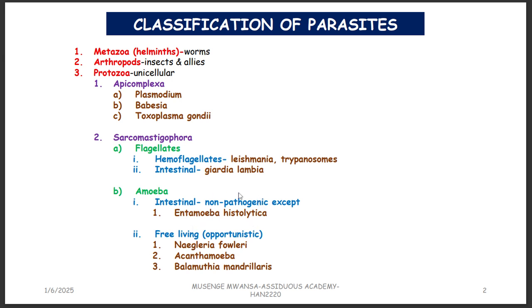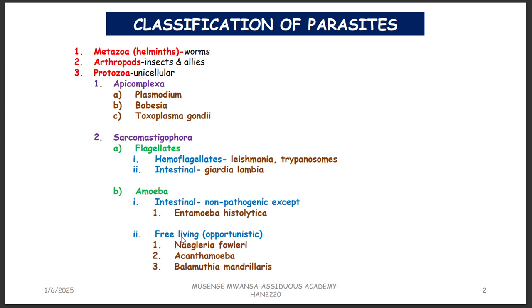The non-pathogenic amoebas we also call free living amoebas. These are opportunistic parasites. They can only cause infection if they find an opportunity. An exam question can come to say free living amoebas are opportunistic parasites. They normally don't cause infection, except Entamoeba histolytica, which is a pathogenic one.